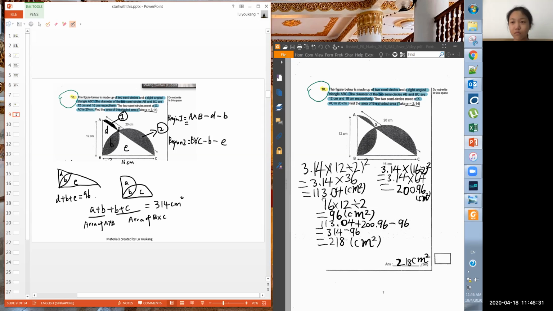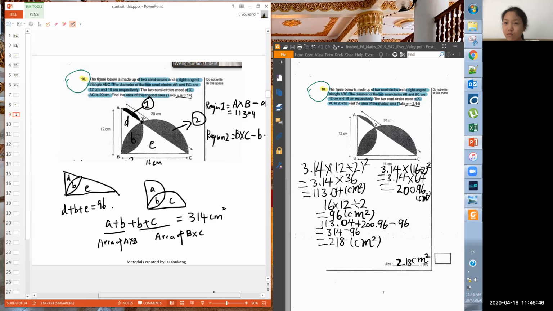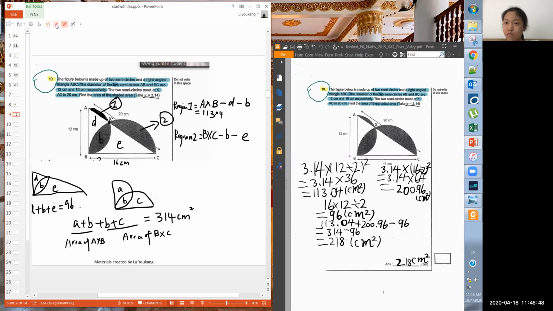So this is 113.04. Okay, let me make it bigger. 113.04 minus D minus B. So this one is BXC, which is 200.96 minus B minus E.